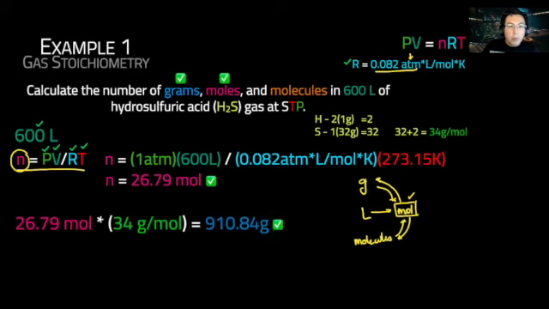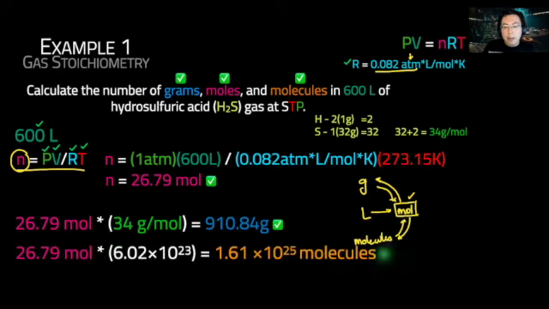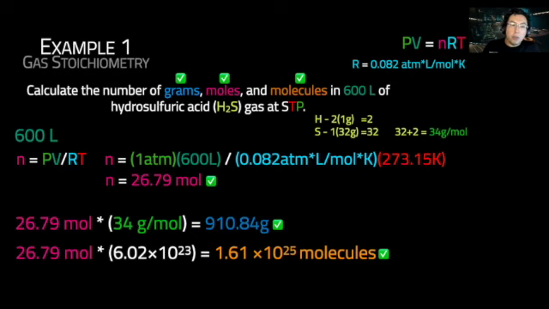So we just multiply the moles by the molar mass, and we get the grams. Now for molecules, basically we need to remember Avogadro's number. So when we're going from moles to molecules, we multiply by Avogadro's number. At the end, we have already solved for all of these three aspects in our original problem.